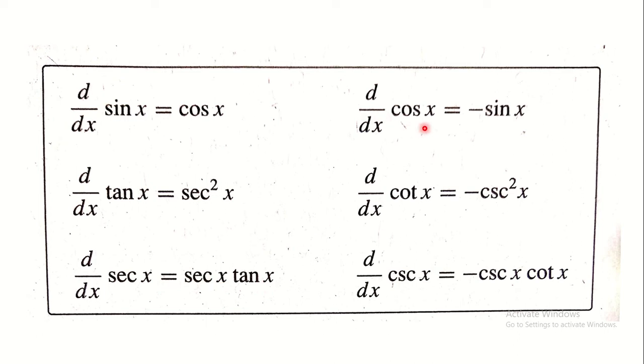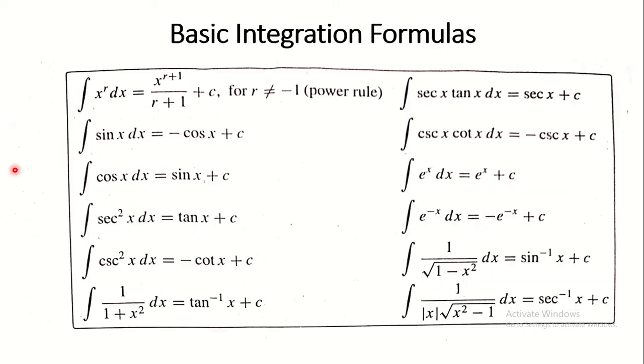The derivative of cosine x is equal to negative sine x. The derivative of cotangent x is equal to negative cosecant square x. And lastly, the derivative of cosecant x is equal to negative cosecant x cotangent x. So, we're going to apply all of this sa pag-evaluate at pag-integrate ng different functions.